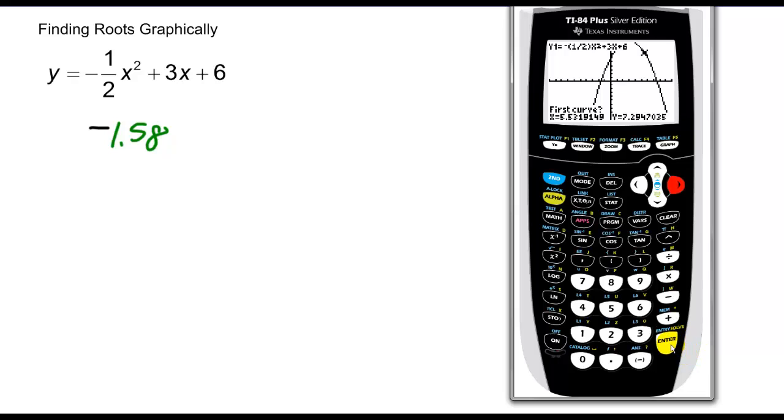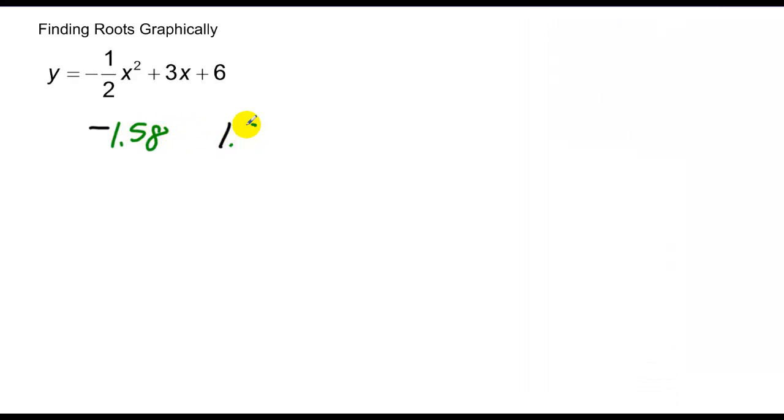So now it's closer. Hit enter 3 times. And I have 7.58. And those are my two intersection points, or an approximation of the roots of that graph.